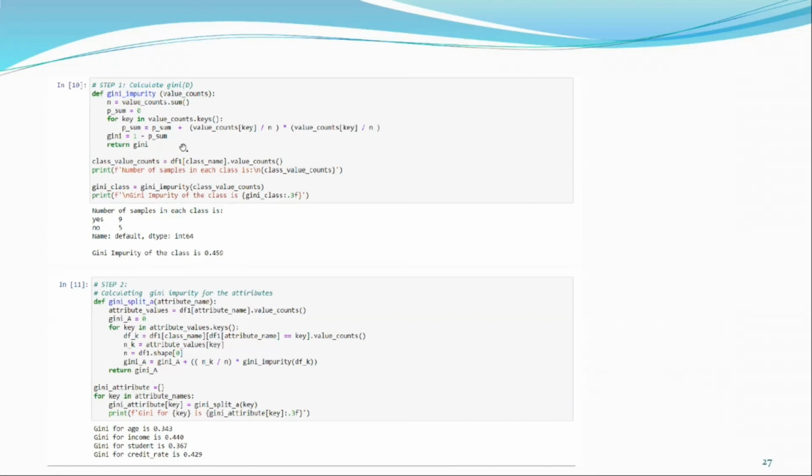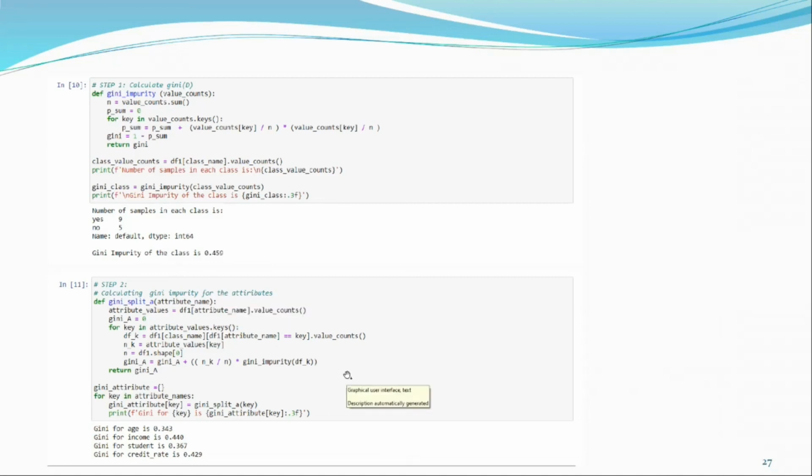So return Gini, that will give the Gini impurity when the attribute is passed. Here we can check the number of samples in each class. For yes we have 9 samples, for no we have 5, and the class name is default. So the Gini impurity of the whole data set is 0.45. We have calculated this using this.